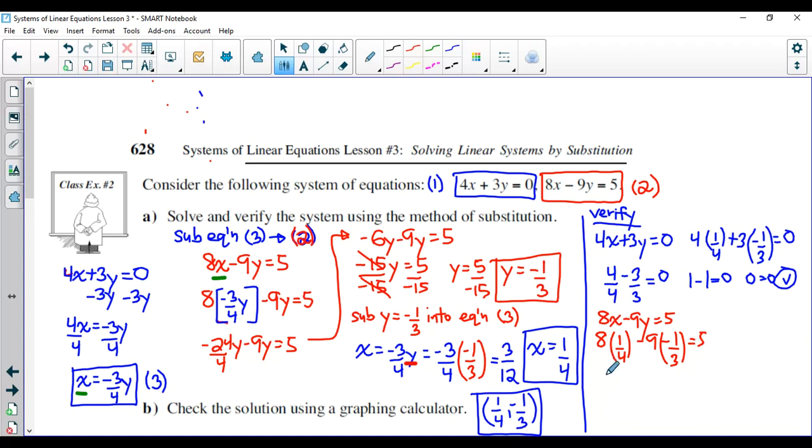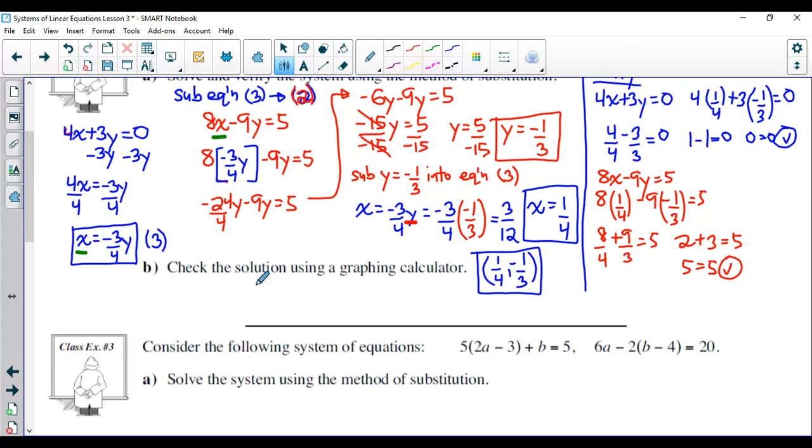So this would give you 8 over 4. Negative 9 times negative 1 would be positive 9. So you'd have positive 9 over 3 equals 5. 8 divided by 4 is 2. 9 divided by 3 is 3 equals 5. And then 2 plus 3 is 5. Both sides of the equation are equal. Therefore, it's verified.